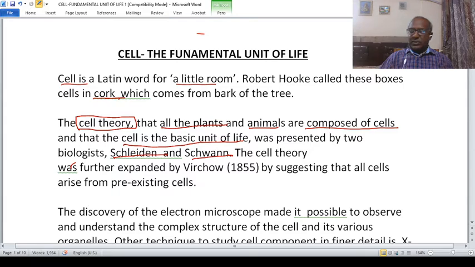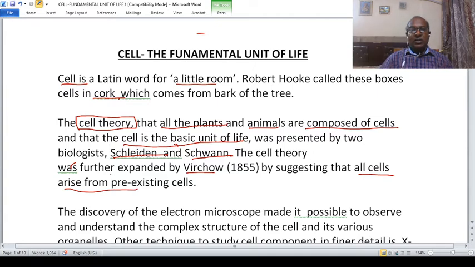Another thing was added to it by Virchow. He added that all cells arise from pre-existing cells. That is the key point.